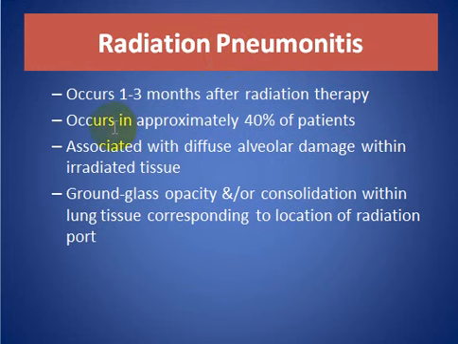Radiation pneumonitis occurs 1 to 3 months after radiation therapy and occurs in approximately 40% of patients, associated with diffuse alveolar damage within the irradiated tissue, ground glass opacities, and consolidation with lung tissue corresponding to the location of radiation port.